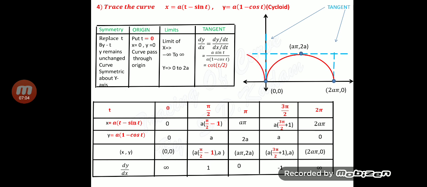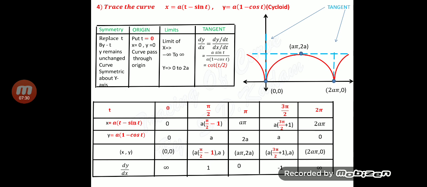Similarly, just extend the curve on both sides because the limit of x is minus infinity to plus infinity continuously. This is our cycloid, the second type of cycloid curve. Okay, let me explain again. It is a parametric curve because x and y are given in terms of t, where t is our parameter.